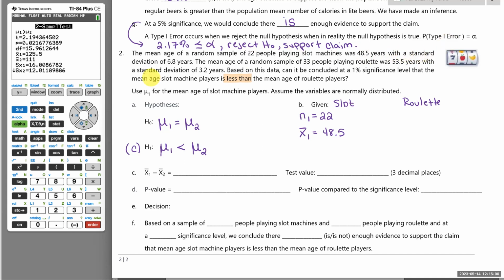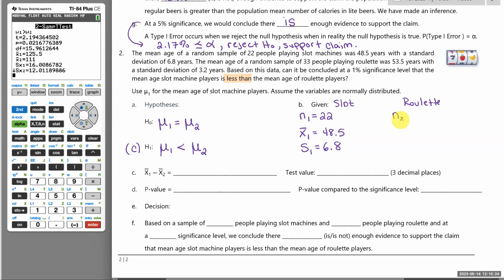If that standard deviation had been population standard deviation, it would have said something like, you can assume the population standard deviation is 6.8, but it does not say that. So that is for the sample. So the standard deviation s for that sample of 22 people was 6.8.